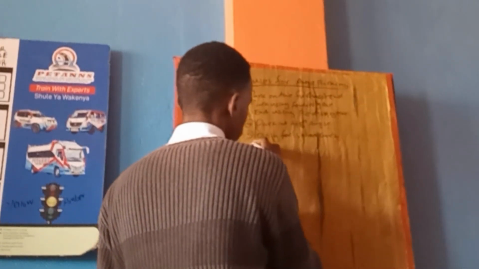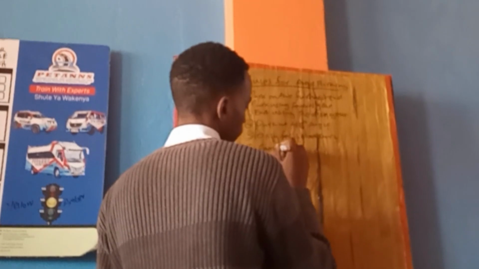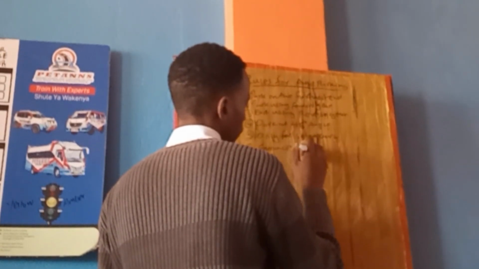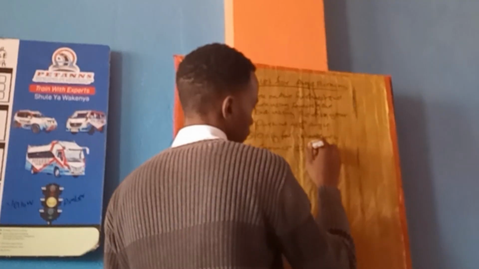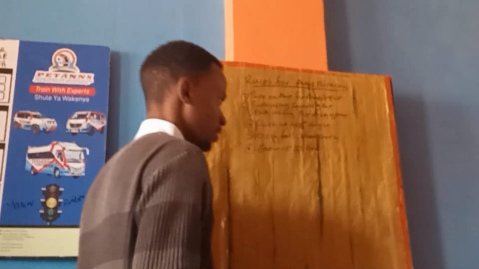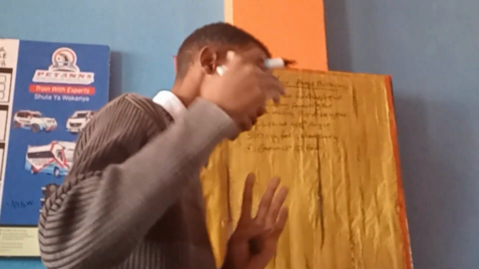Number six is the entrance. That means when you enter from one side, you can't exit on the same side. You need to exit on the other side. Ukiingilia hii side, lazima utoke the other side.